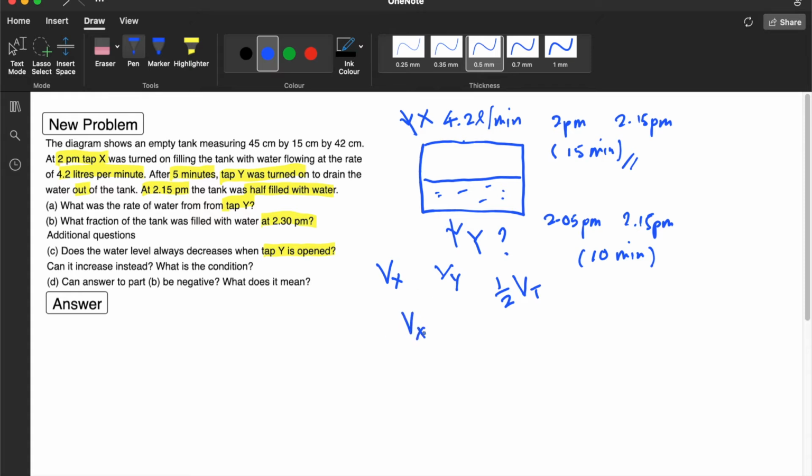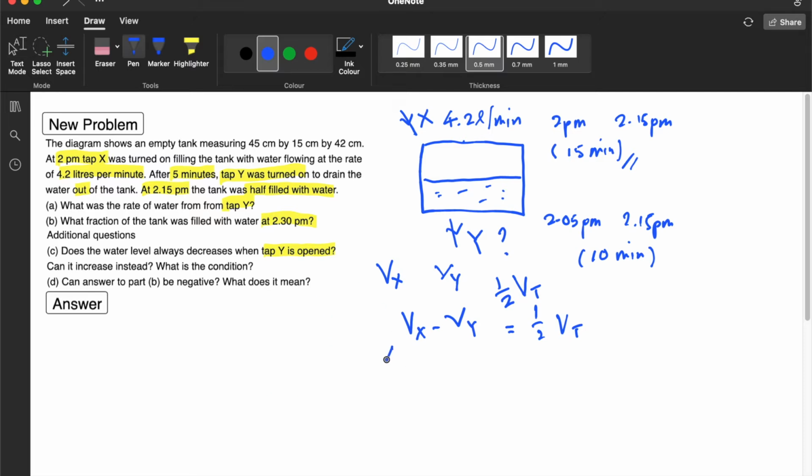We're going to take Vx minus Vy, because Vx is the volume of water that is going into the tank, but Vy is the volume of water that is going out of the tank. Right? So at 2:15, this equation Vx minus Vy will be equal exactly to half of Vt. Right. So what is Vx?